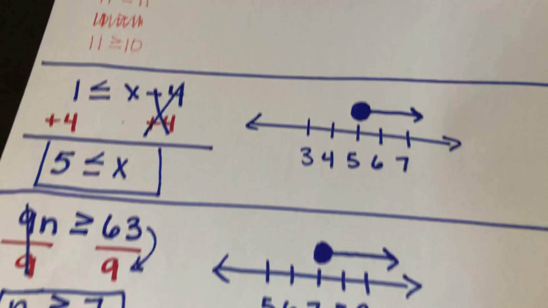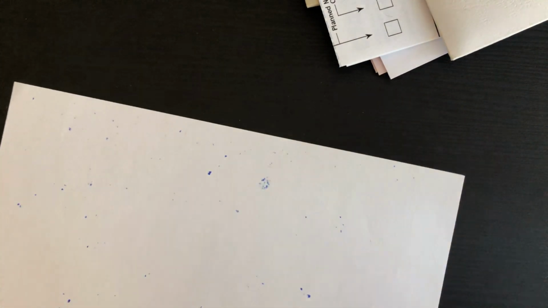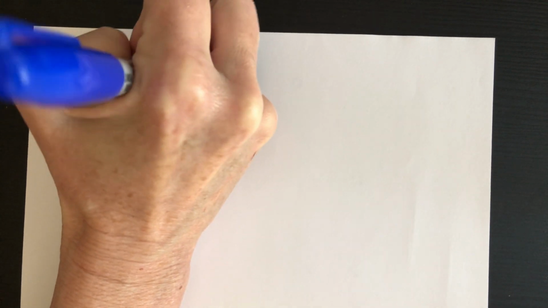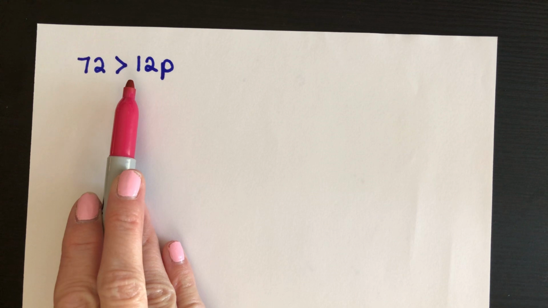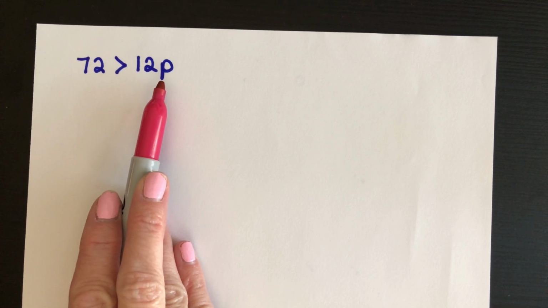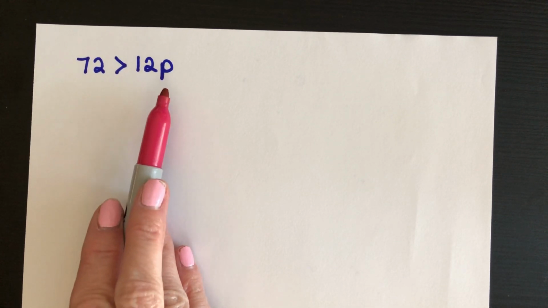One more example I would like to give you before I let you leave for the day is if we have, again, our variable on the right side, 72 is greater than 12p. Well, I have to get that p by itself. We have a coefficient and variable together. 12p means 12 times p.